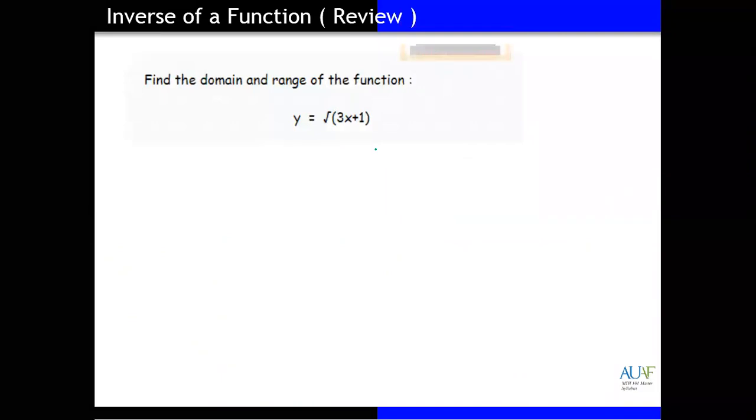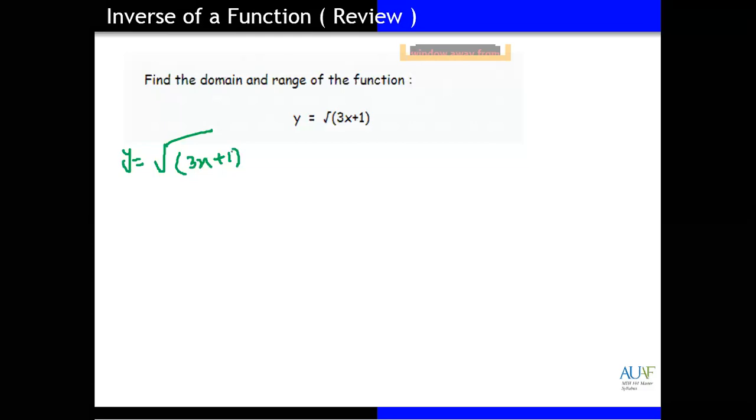Okay, find the domain and range of the function y is equal to the square root of 3x plus 1. So first of all, how can we find the domain of the function?